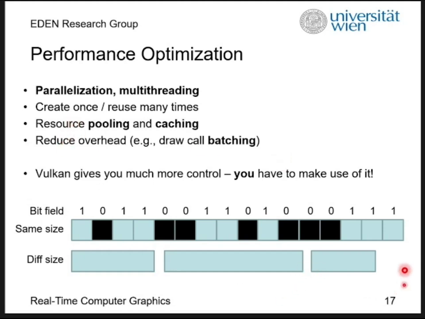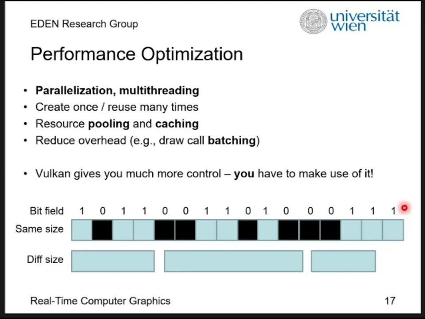Pooling, what is pooling? Well, we will see two pools in Vulkan. And pooling is actually always a good idea because pooling means that you pre-allocate memory and then you can allocate stuff in the memory. And we will see that in this pool, everything has the same size. Now, if everything has the same size, allocation and deallocation is really, really quick and easy.